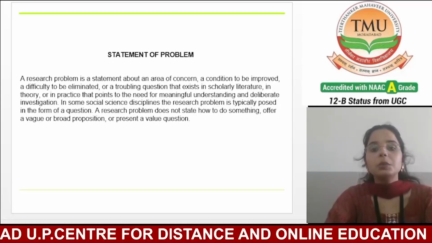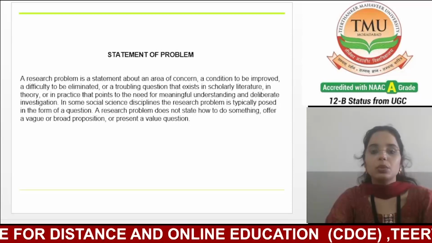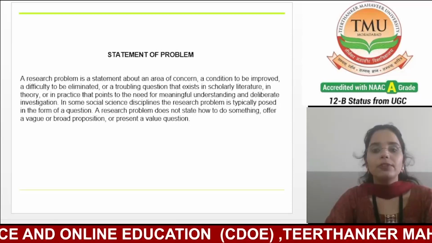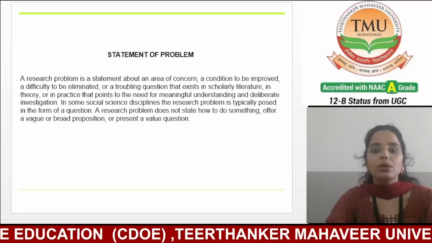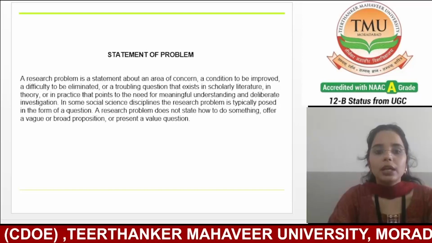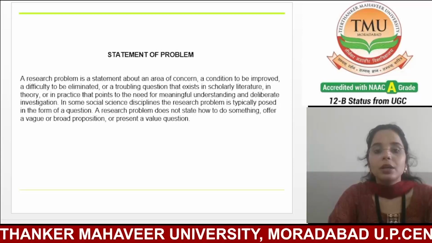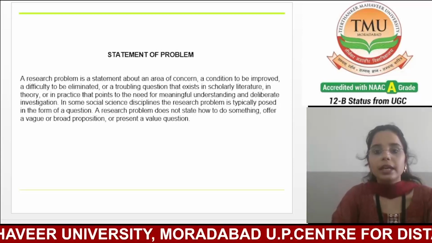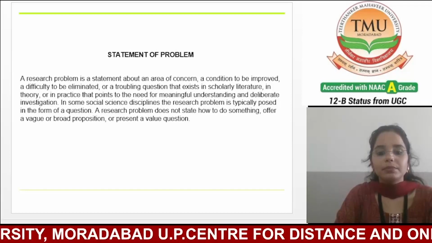A good research problem highlights the significance of the issue at hand and underscores the need for further investigation to contribute new knowledge or solutions. Importantly, a research problem does not propose a solution, and it does not offer general ideas or present subjective values.